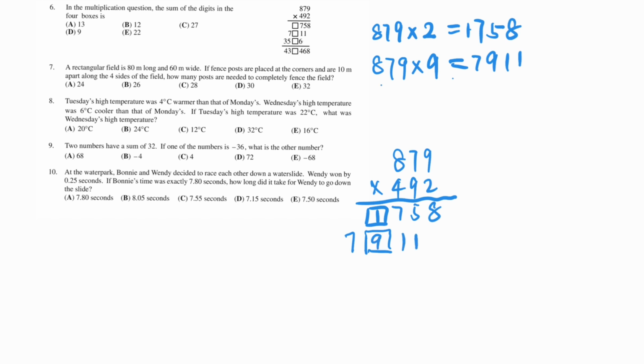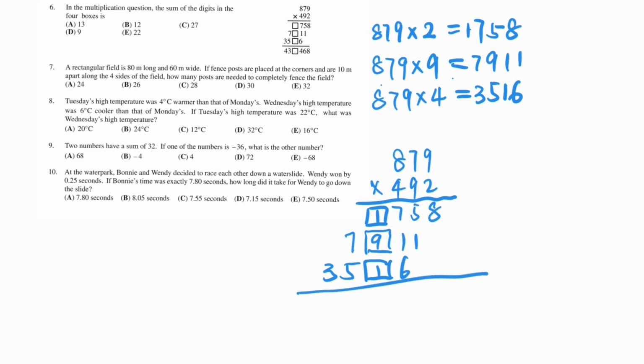Now we multiply the 4. So 879 times 4 gave us 3516. So add them together.